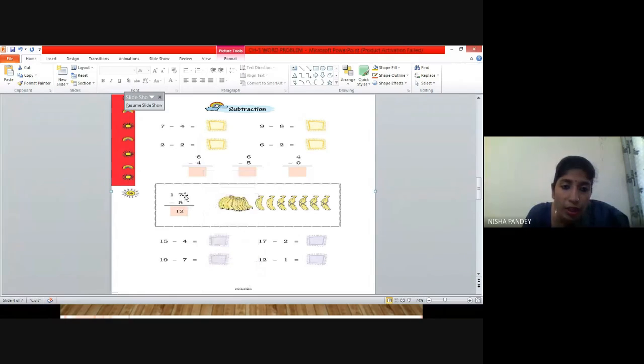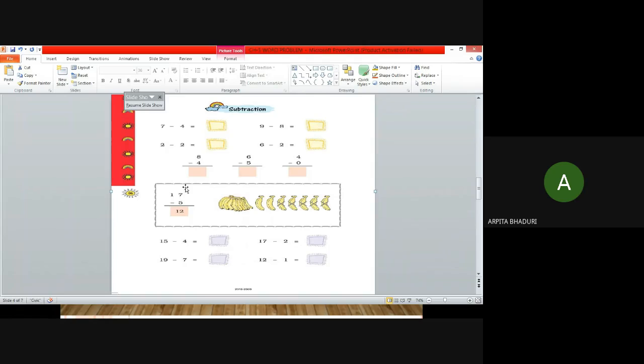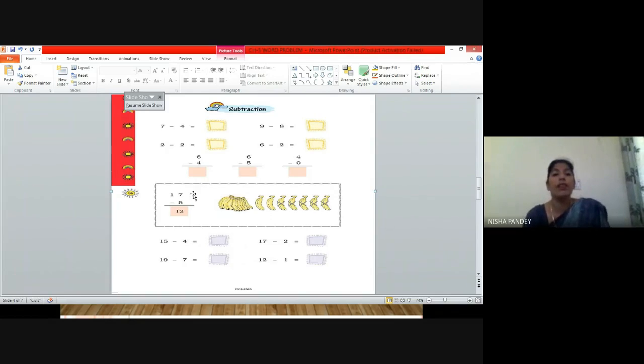So see children. So this is which position? 1 is at which place and 7 is at which place? Tens or ones, we have learned, right? Ma'am, 7 is in ones place and 1 is in tens place. Very good. So this is one bundle of 10 and 7 loose bananas. And this 5 has which place? Ma'am, ones place.